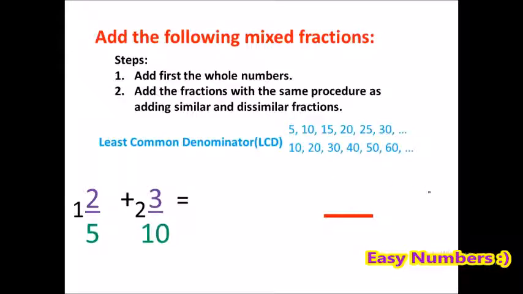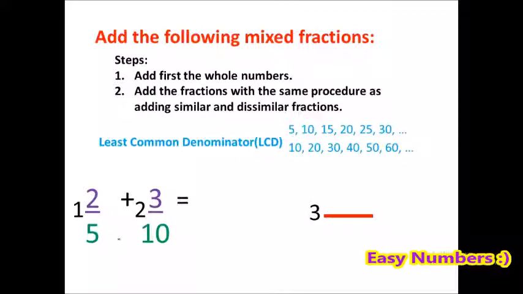So the first step is to add first the whole numbers, which is 3, and then add the fractions with the same procedure as adding similar fractions. So our procedure in adding the similar fraction is to make this similar fraction.